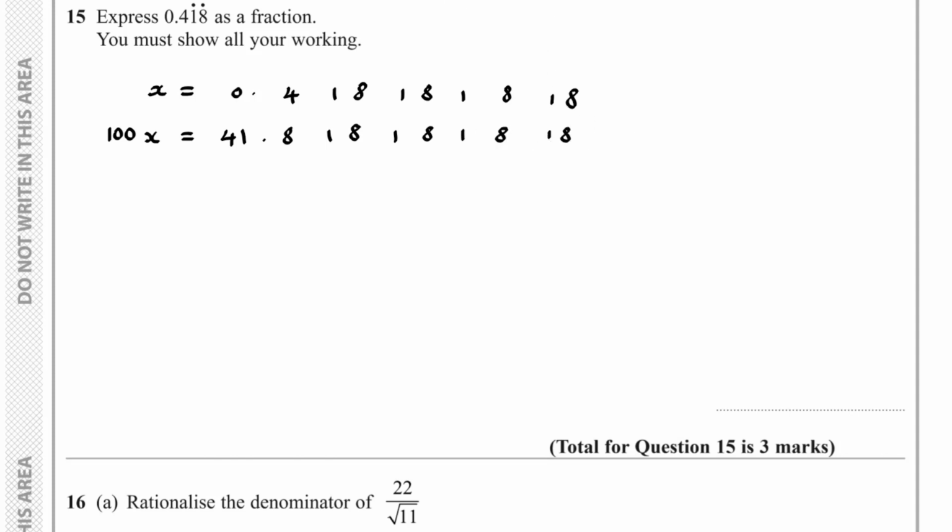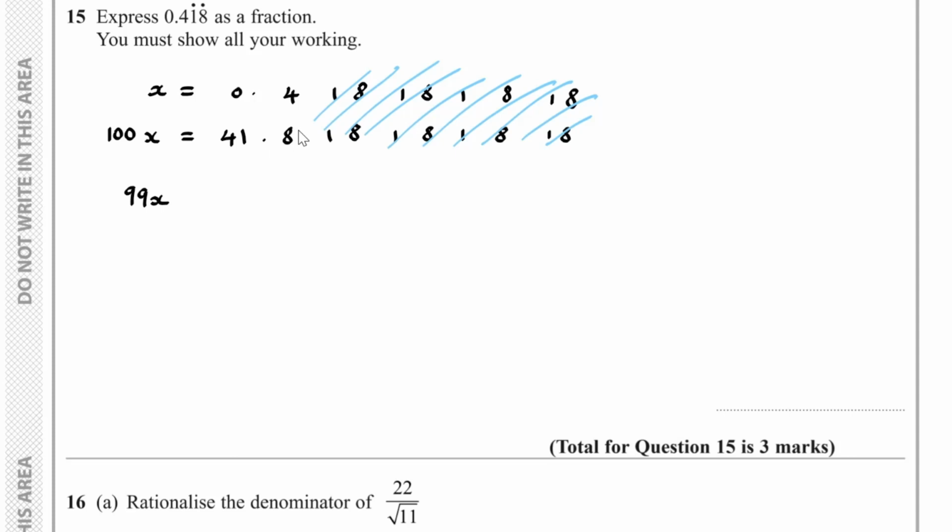But essentially, you can see if we subtract these equations, 100x take away x, that's 99x. And if we subtract 41.8 etc. minus 0.4 etc., you see all these terms over here will cancel out.